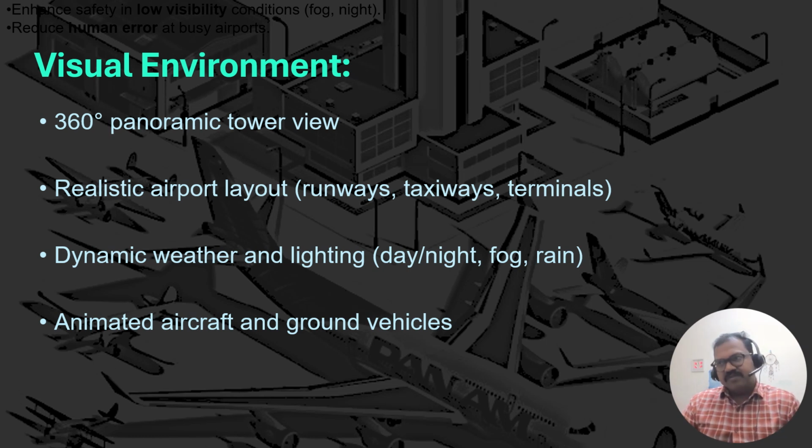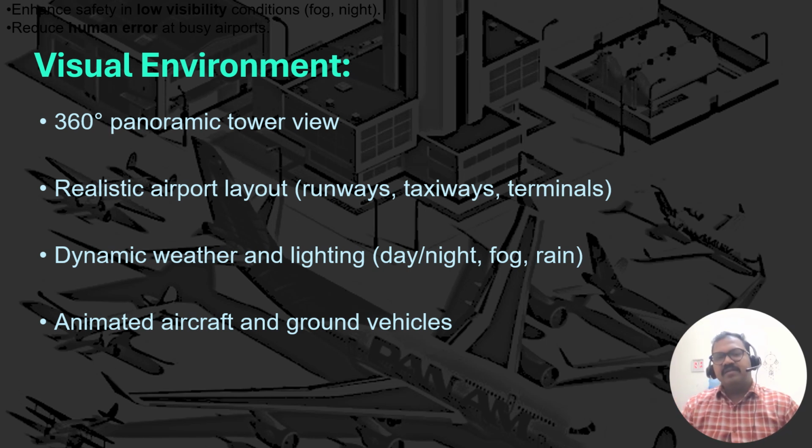In our previous video, we saw AWOS, the automatic weather observation system, which indicates and notifies the weather of the environment. That is applicable here as well. And the fourth point is animated aircraft and ground vehicles.